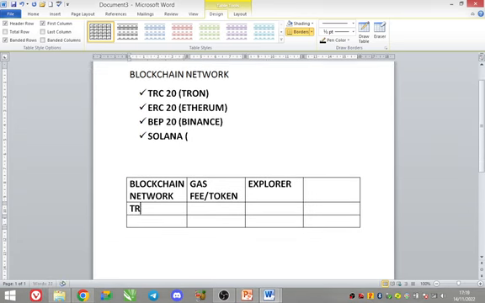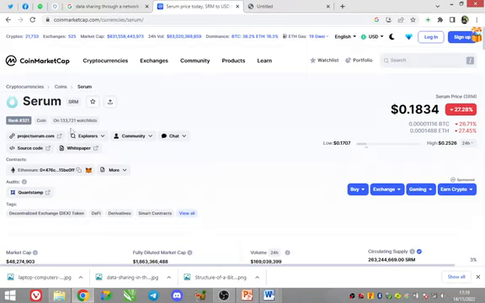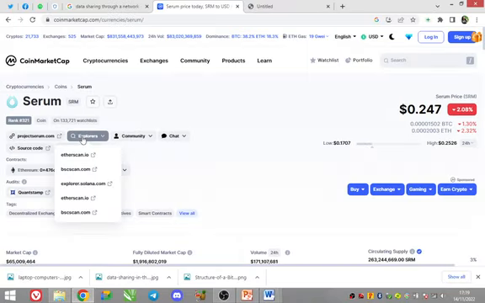Now let us say for TRC20 we have Tron as the establishment. The Explorer is just Tronscan.io. I think it's IO actually. Yes, it's actually IO.